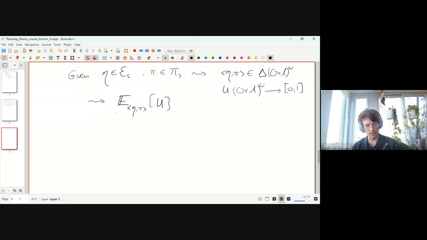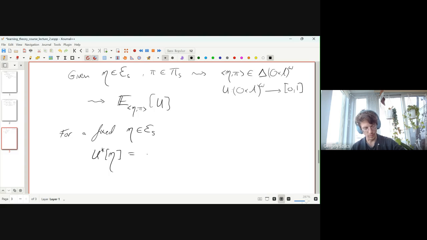Okay, so we can talk about this expected utility, and using this, for a fixed environment eta, we can talk about U star of eta, which is the optimal expected utility under this environment.